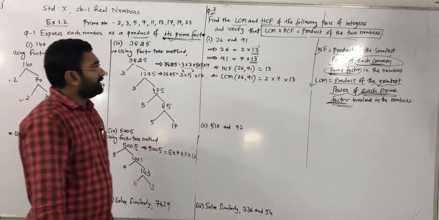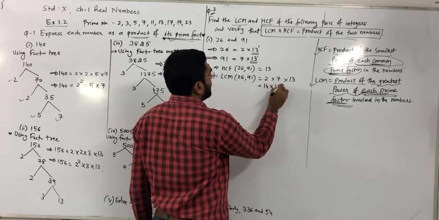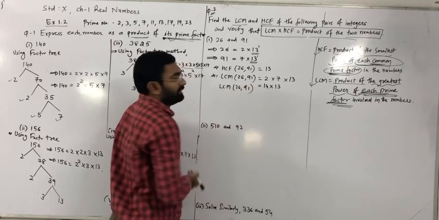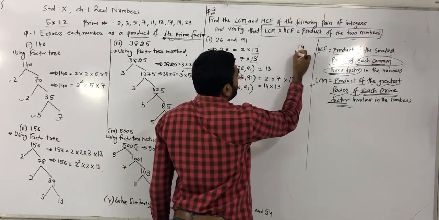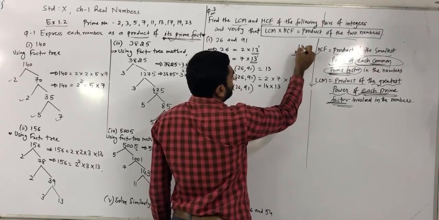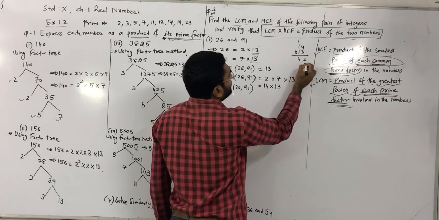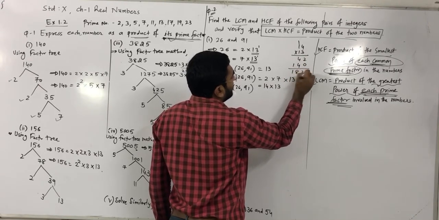Right? So we get 14 into 13 as the LCM of 26 and 91. Now do the multiplication: 14 into 13. 4 threes are 12, 3 ones are 3, plus 1 is 4, and 2. Here is a 0, 4 1. So we get 182.